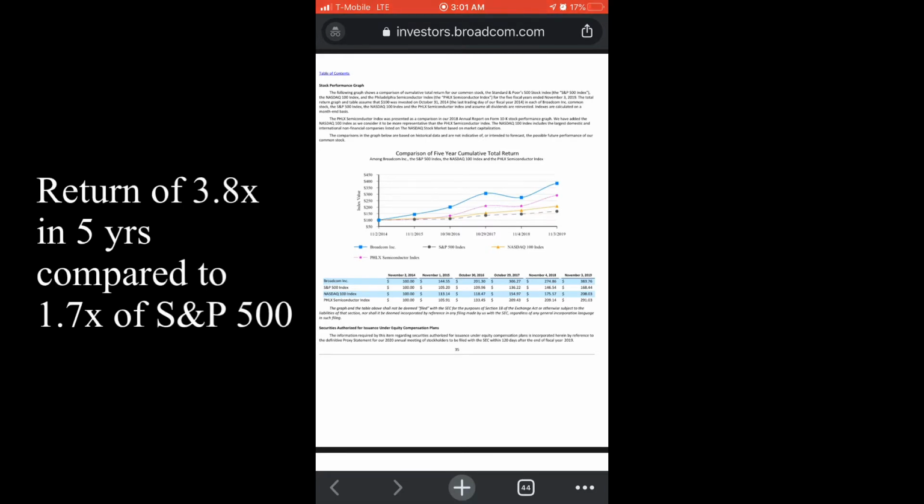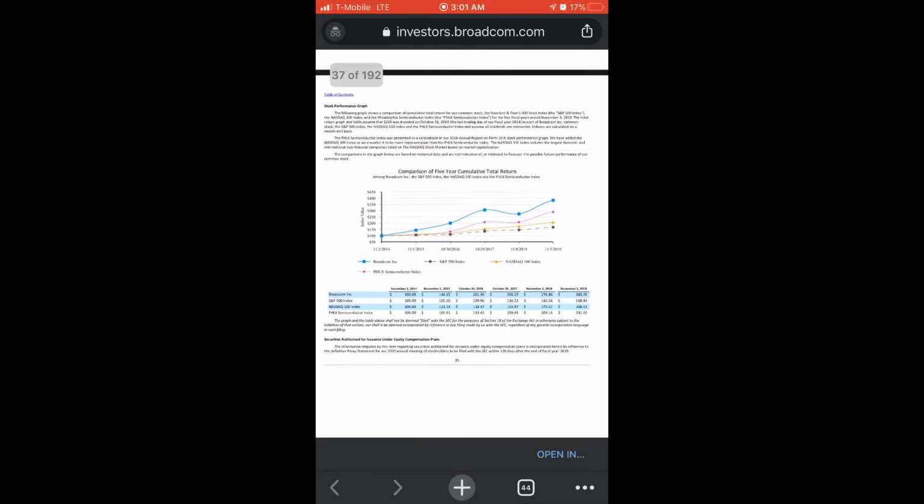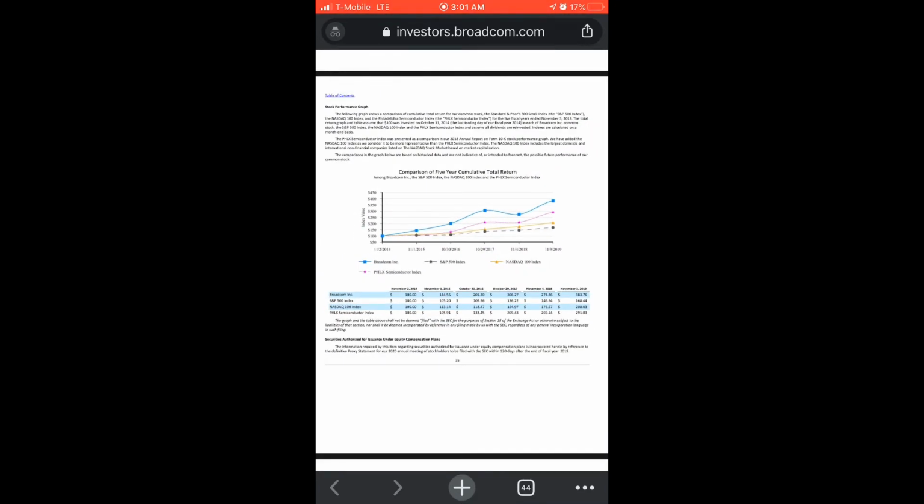If you invest $100 or any money in November 2014, and then wait 5 years until November 2019, you would almost 4x your investment in Broadcom, compared to 168 in the S&P 500. That's over 2 times more than the S&P 500. So you can see that it was a very good investment for whoever bought it back in 2014.